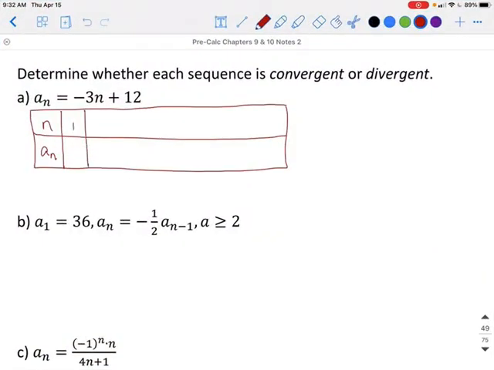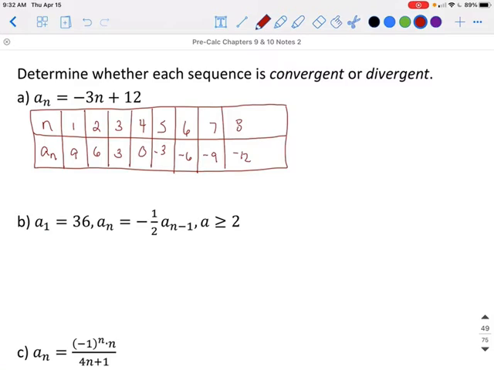So in our table, if n is 1, we have an a sub n of 9, 2 is 6, 3 is 3, 4 is 0, and if you notice, these values just keep getting smaller and smaller. They're not approaching any specific value, so that means that they are divergent.